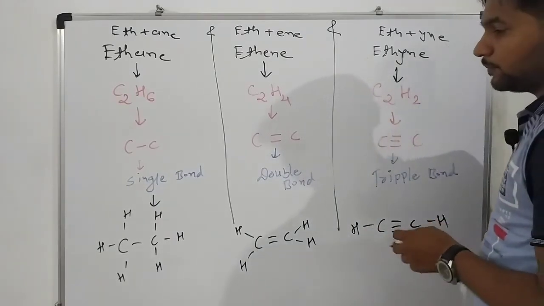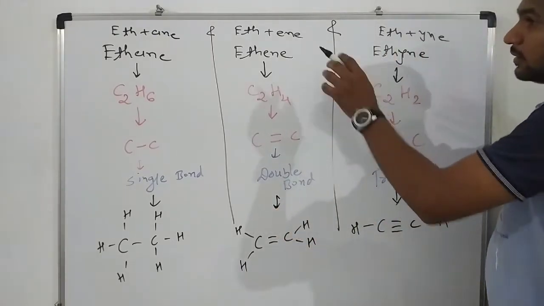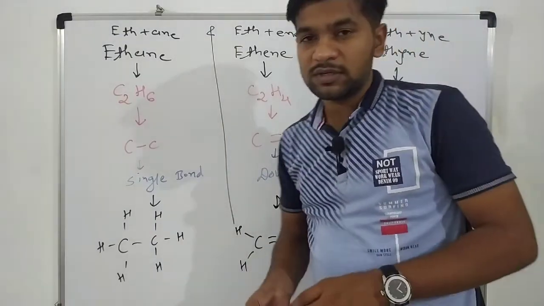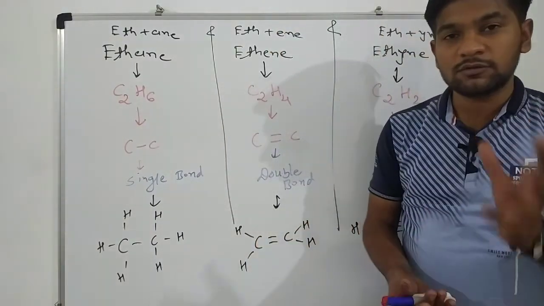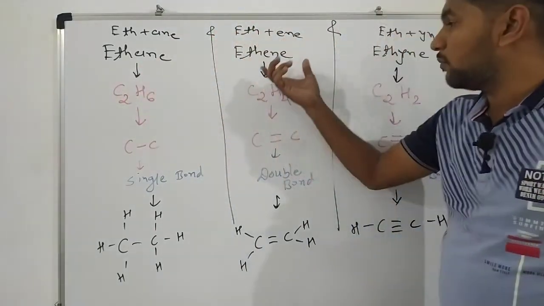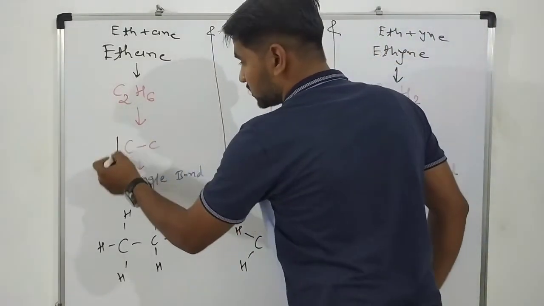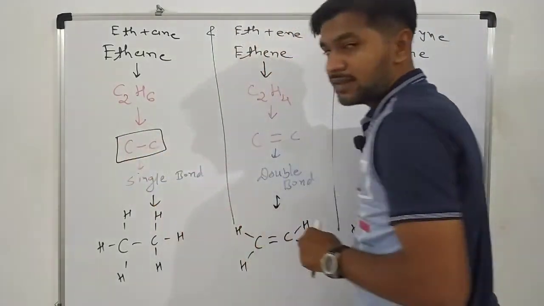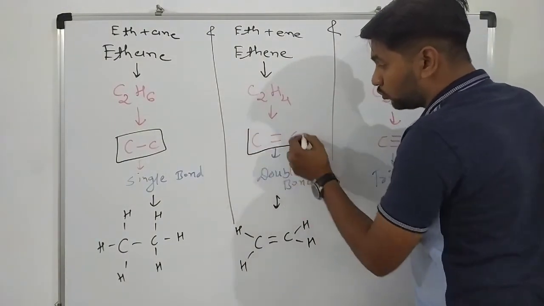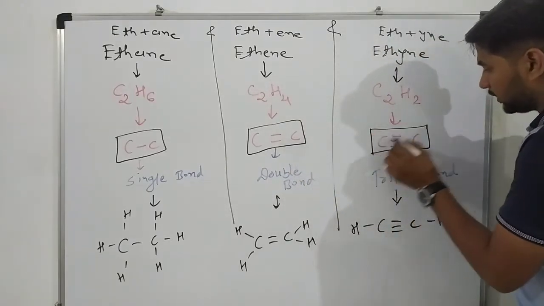Okay, here you can see all the important things in ethane, ethene and ethyne. I hope you understood all the concepts of electron dot structure, single bond, double bond and triple bond. The single bond concept is sharing a single electron. In the double bond concept, sharing 2 electrons. In triple bond, sharing 3 electrons.